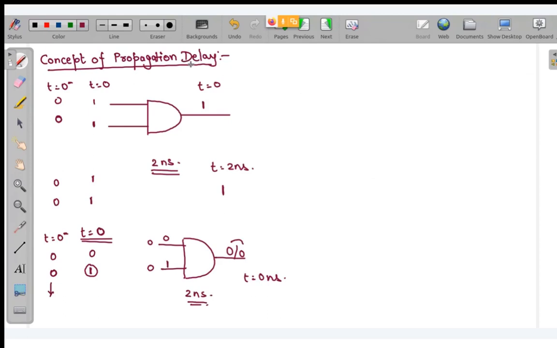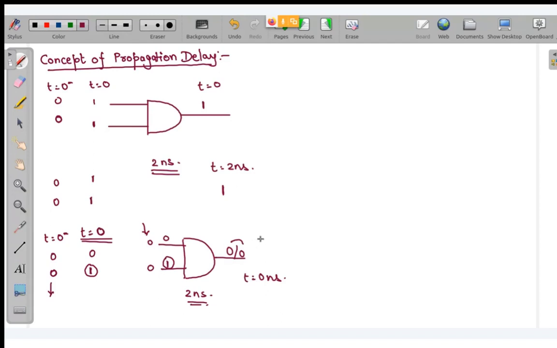Initially the output was 0, and when I changed one of the inputs, the output is still 0. So here propagation delay didn't come into effect. Propagation delay will only come into effect when there is a transition in states, when there is a transition in outputs.